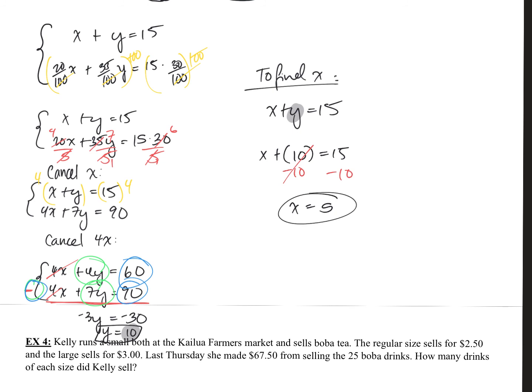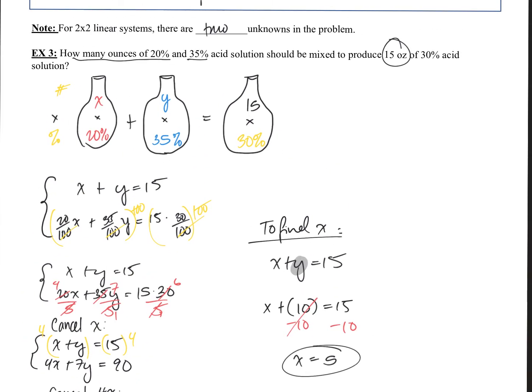Well, what's my solution? Do we just do our little 5, 10 and move on? The answer is no. Remember, this is a word problem. We need to answer in word form. What do the variables stand for? Well, let's take a look. The x is the 20%, and the y is the 35%. Let's write that down.